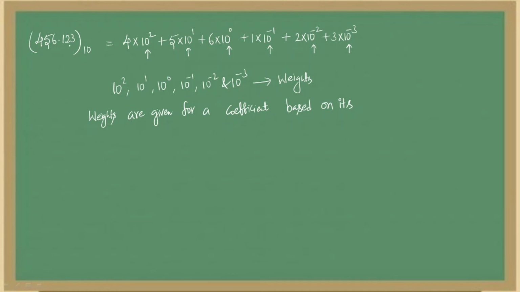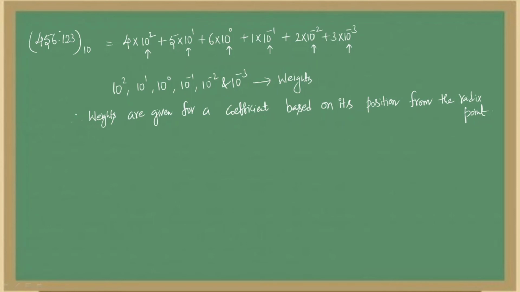After 1 you have 2, so the weight of 2 is 10 power minus 2. Hence we can say that the weights for different coefficients are given based on the position of the coefficient from the radix point. As it is a decimal number system, we call this the decimal point.